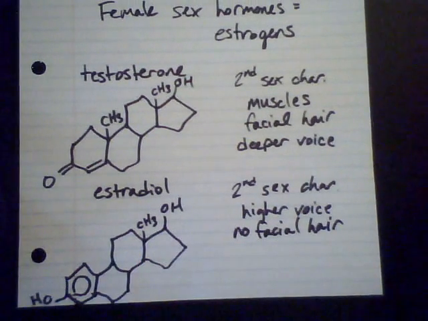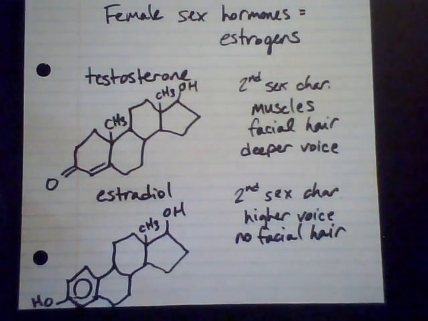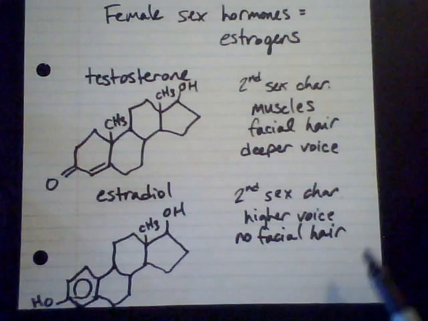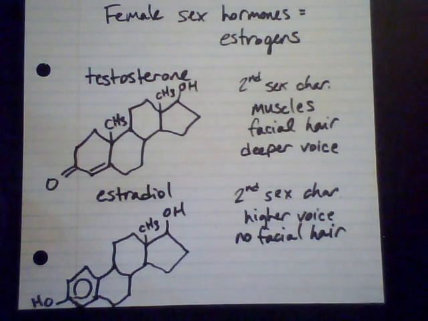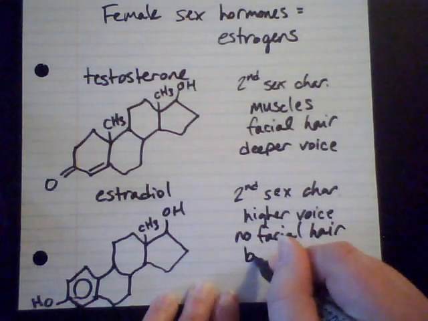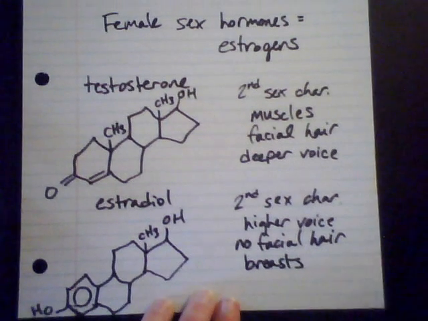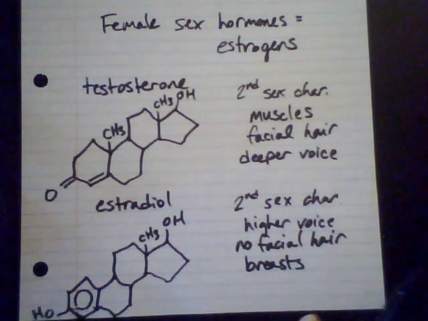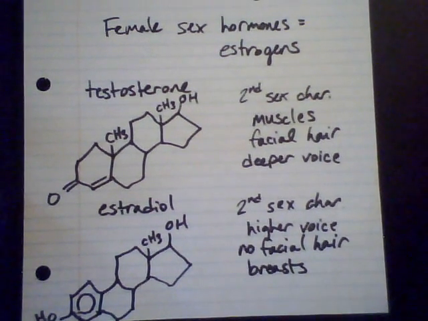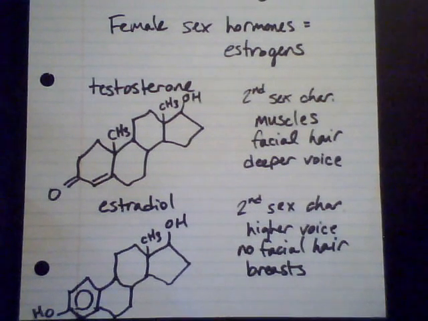So in terms of balance between estrogens and androgens, the more estrogens you have, the less facial hair you would have. And also, of course, breasts. That occurs during your puberty, right? During the secondary sex characteristic time, which is puberty.